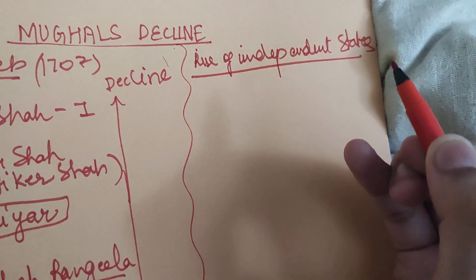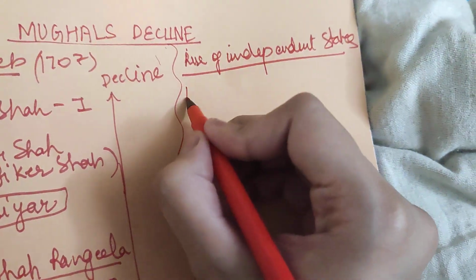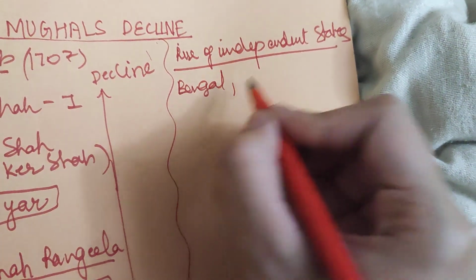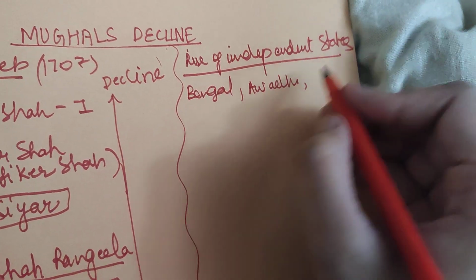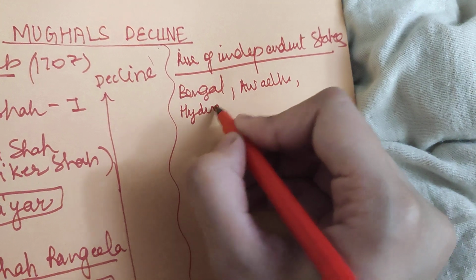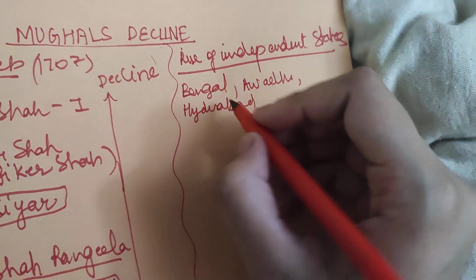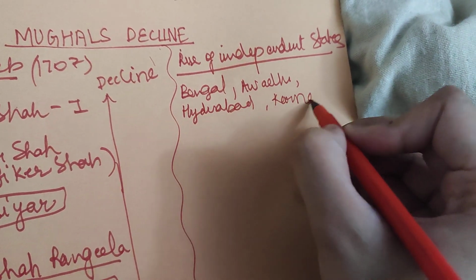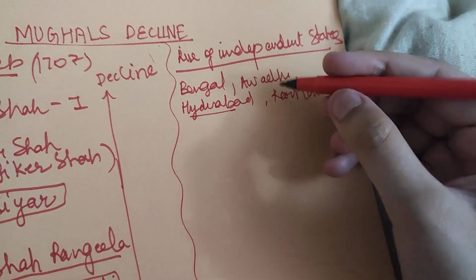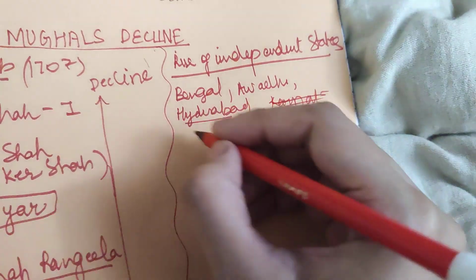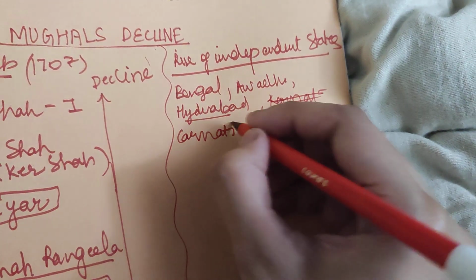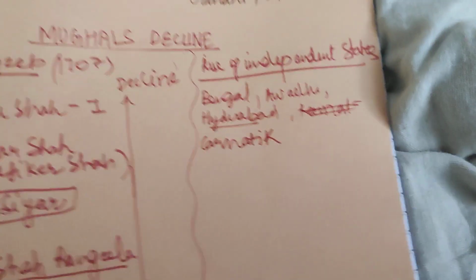Now, how was this rise happening? Like in Bengal, Murshid Quli Khan; in Awadh, Sadat Khan; in Hyderabad; in Carnatic, not Karnataka, this is Carnatic, Arcot the capital.